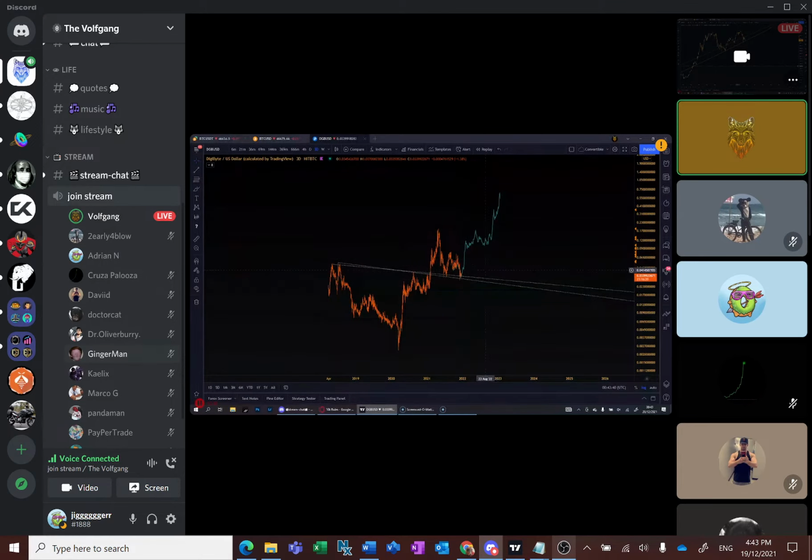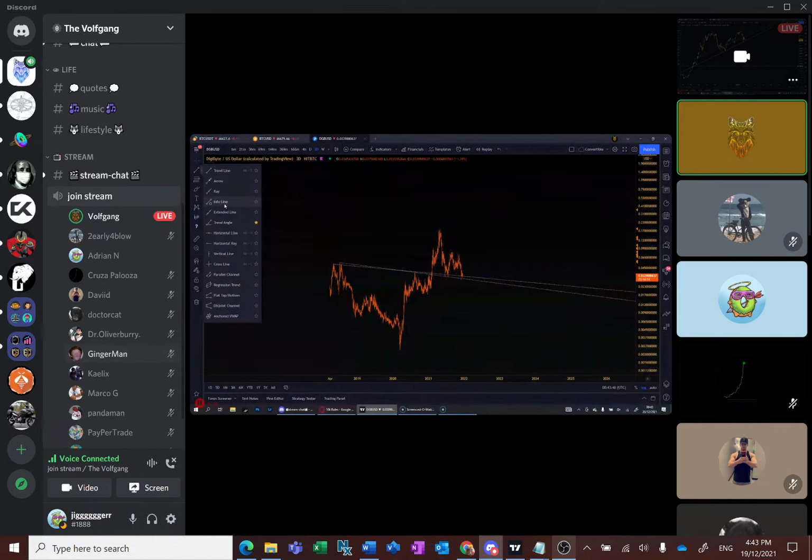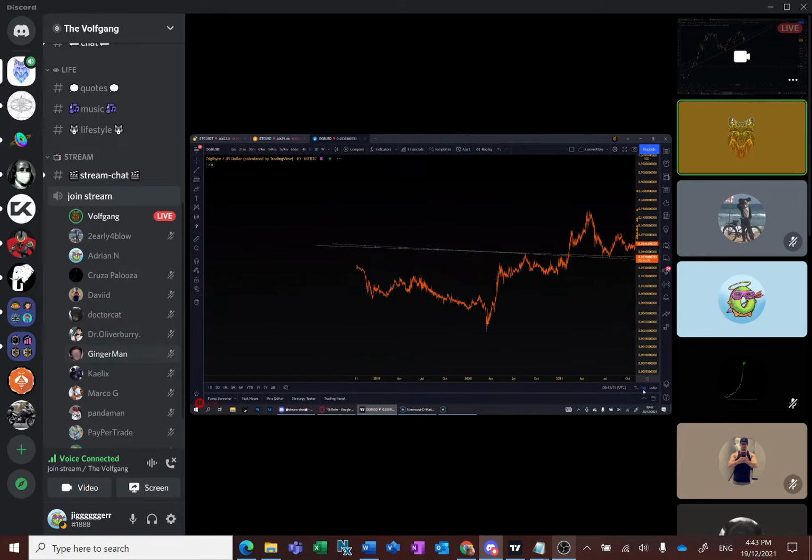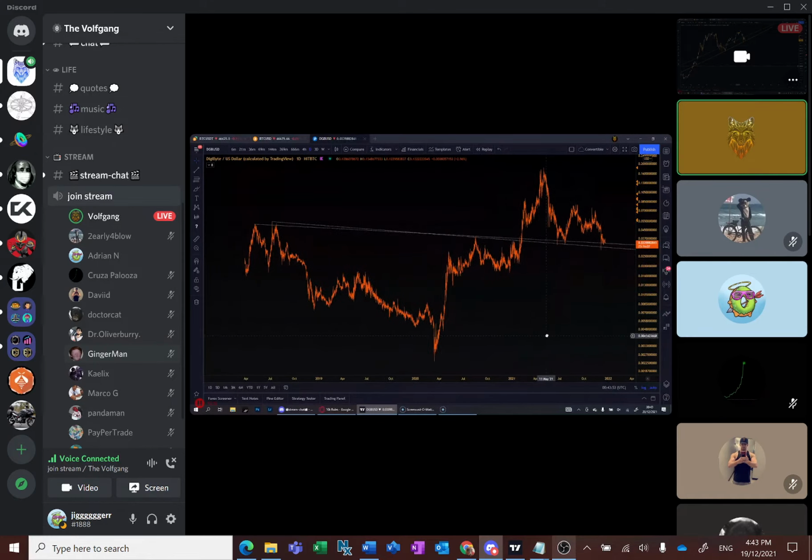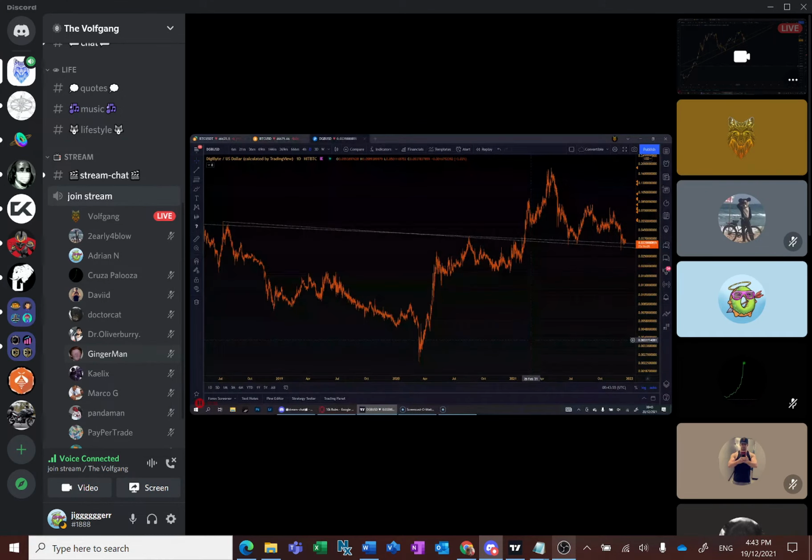But across all charts, I wanted to show the GAN fan. I'll do that quickly. So what you can do is obviously stretch the chart out so that it fits your screen. Always do this. It gives you a clearer picture.